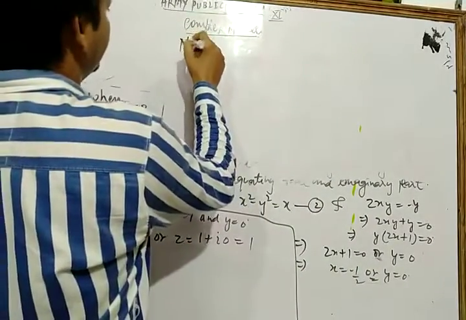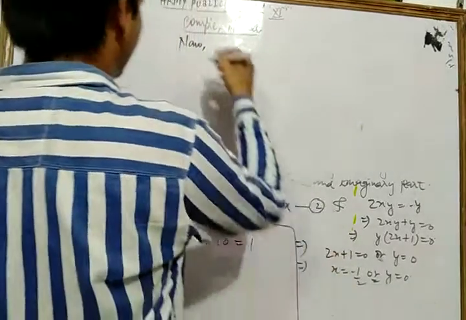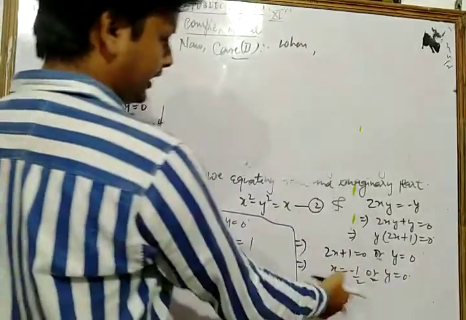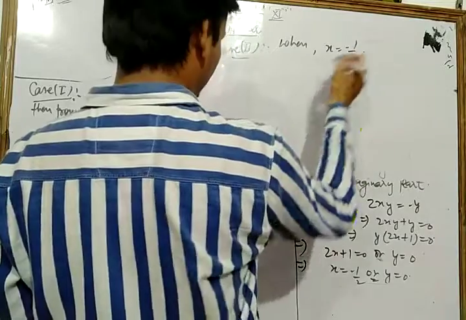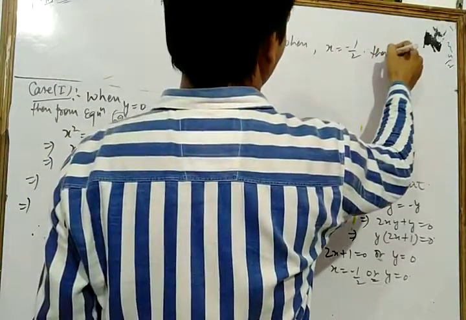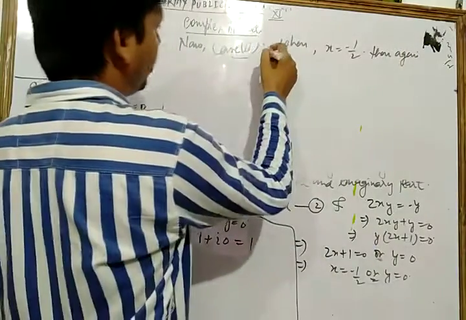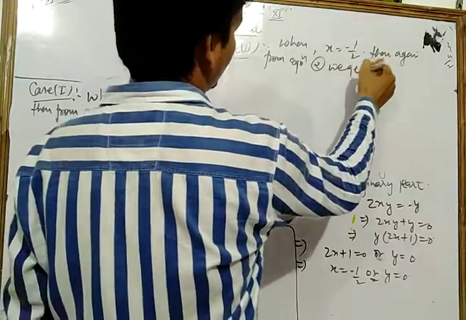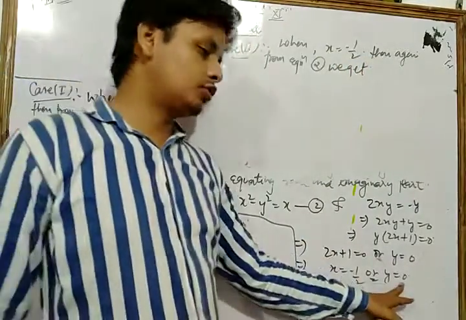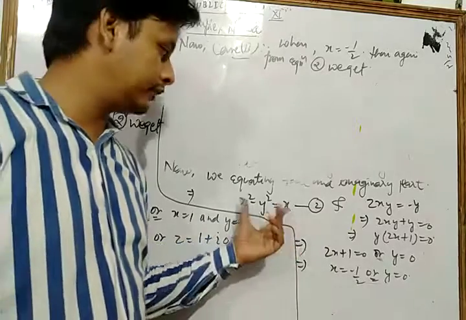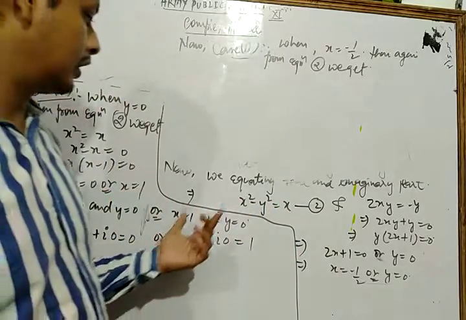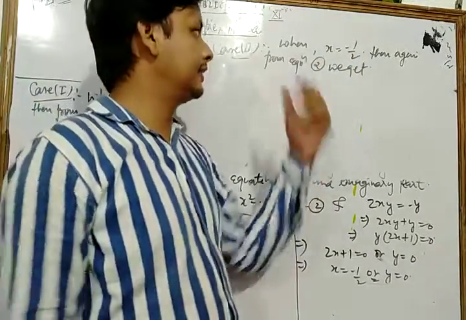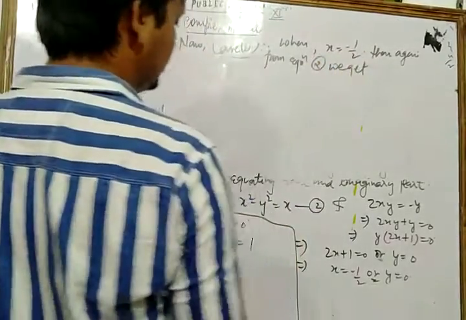First we put y is equal to 0 in equation 2, and we get two respective values of x. Now we put x is equal to minus 1 by 2 in equation 2 and find the value of y.